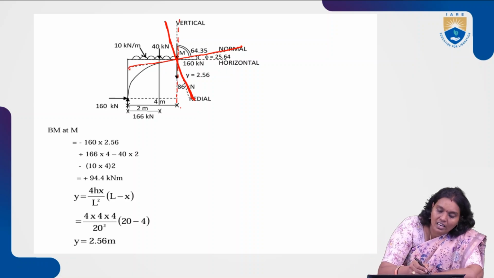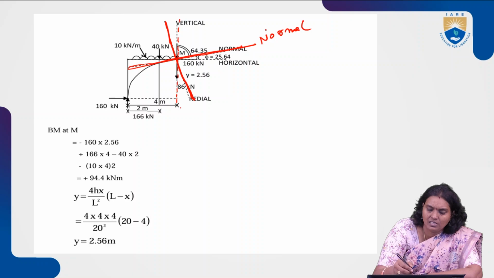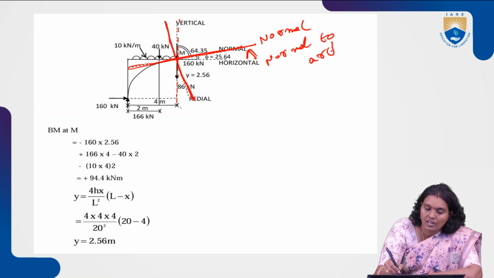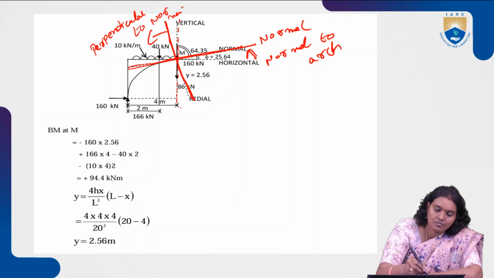This is horizontal and this is the normal, which is normal to the arch. And this is perpendicular to the normal, that is nothing but the radial shear.